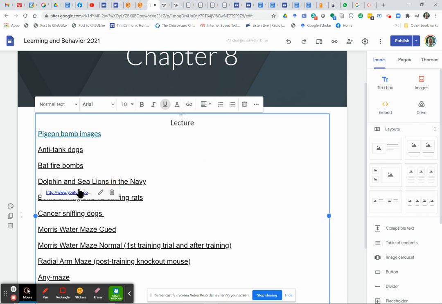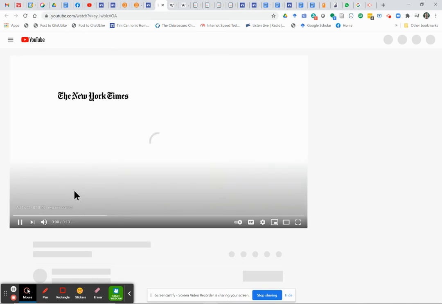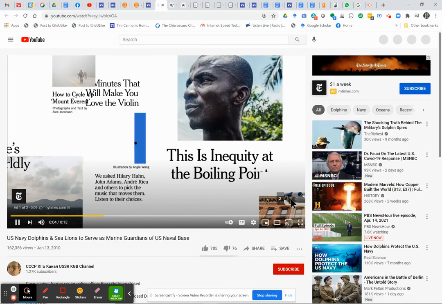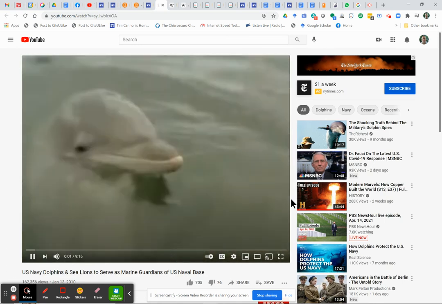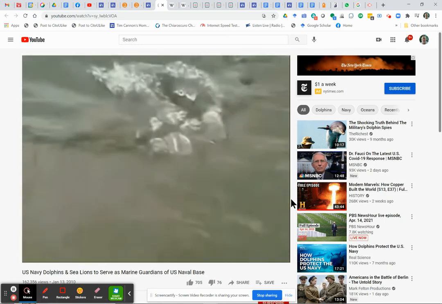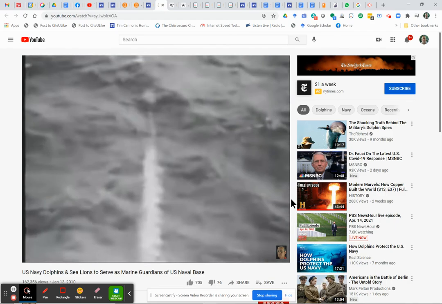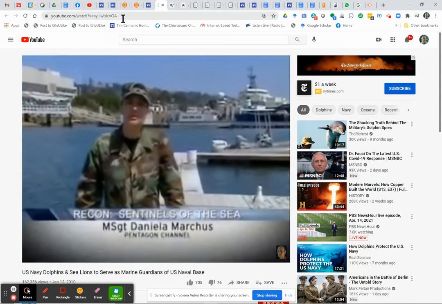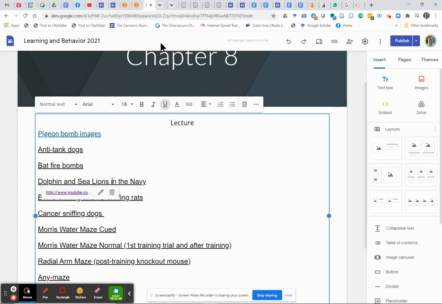And dolphins and sea lions in the Navy. The good news is nobody is getting blown up here, but the animals are trained to identify things, and sometimes attach devices to ships so that we can track them.